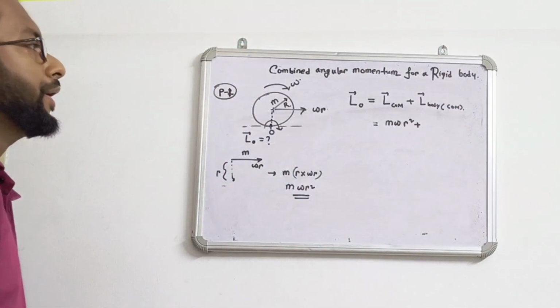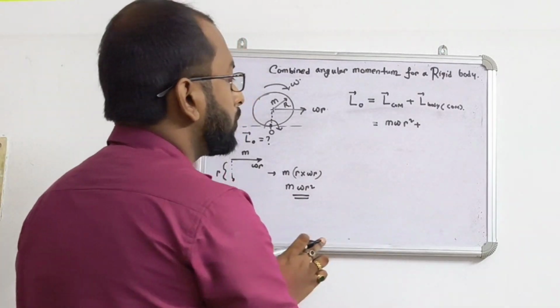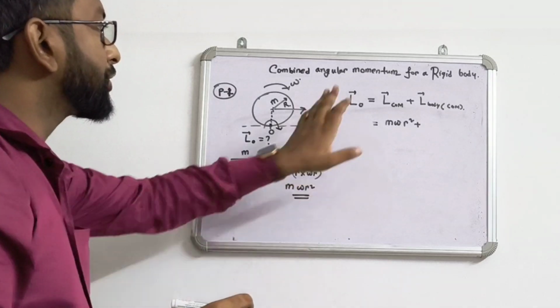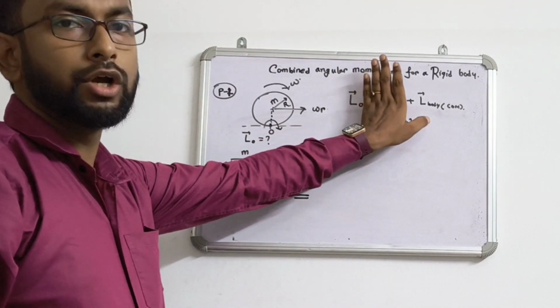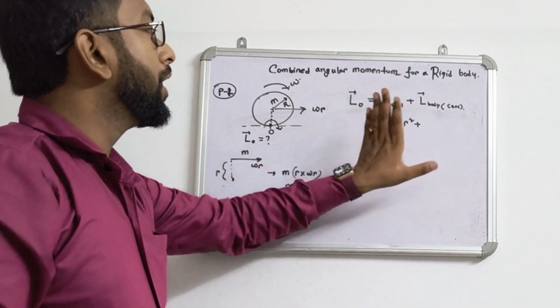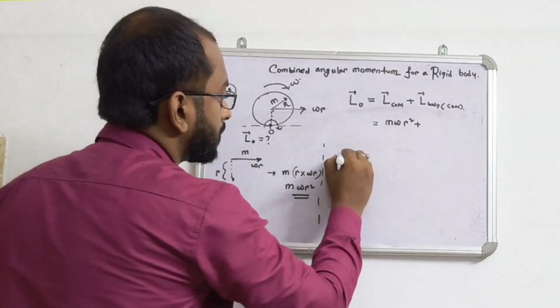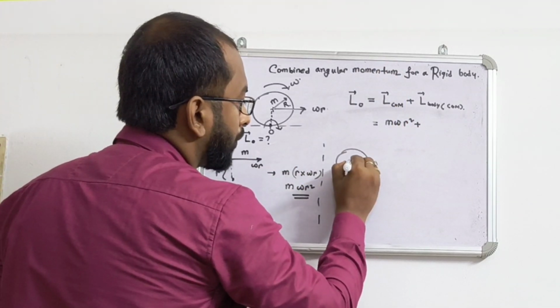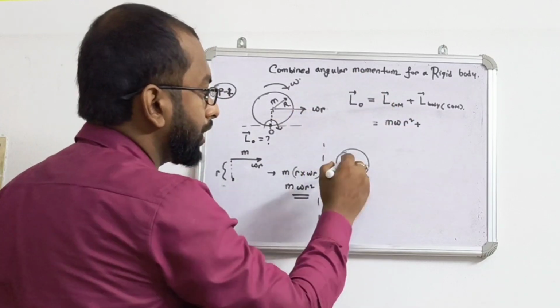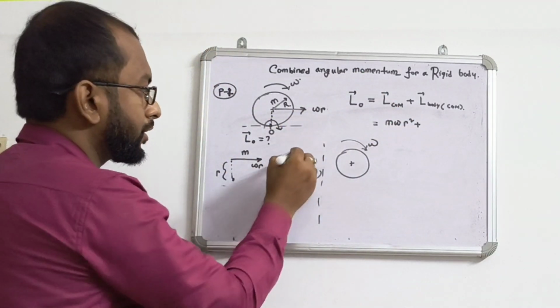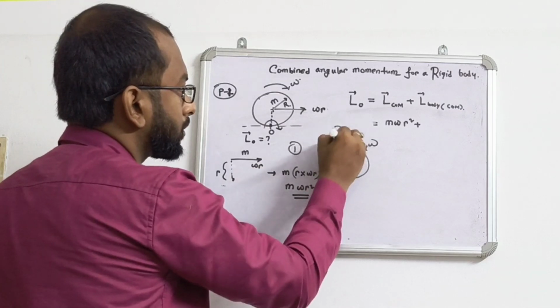Plus now I have to find the angular momentum of the body with respect to the center of mass. The translational motion of the center of mass I have already considered. Now I will forget it is translating and only consider the rotational motion. Sitting at the center, I see it is rotating with angular velocity omega. Translational velocity I have already considered in the first part.